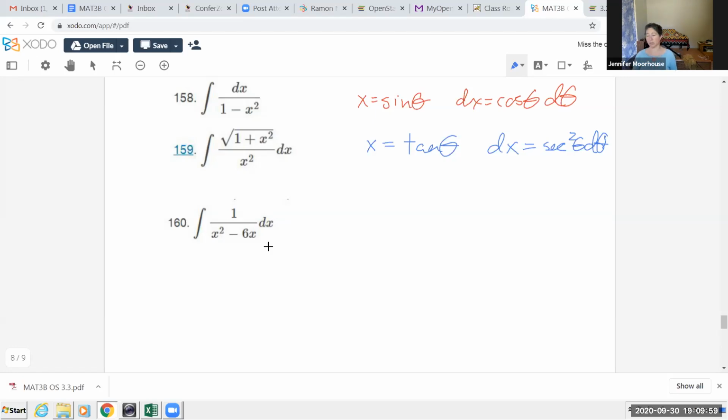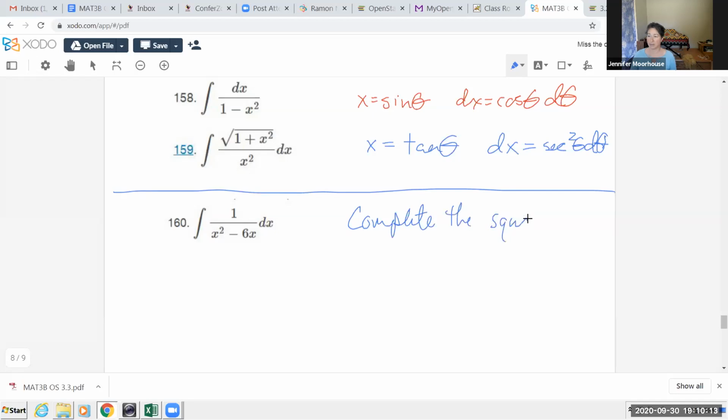But what you can do with these types of problems is complete the square to rewrite it as something that does have the right format to be a trig substitution.